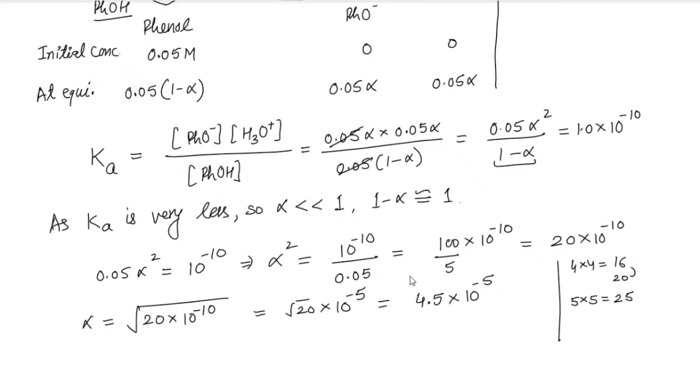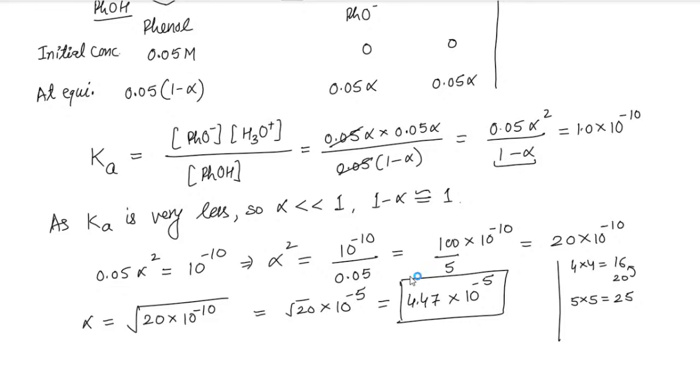That is near to 16, that means it is slightly less than 4.5. So it is almost 4.47 or 4.48 into 10 raised to power minus 5. So this is degree of dissociation of phenol when concentration of solution is 0.05 molar.